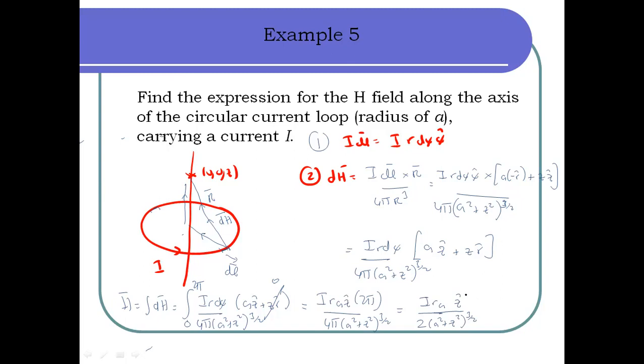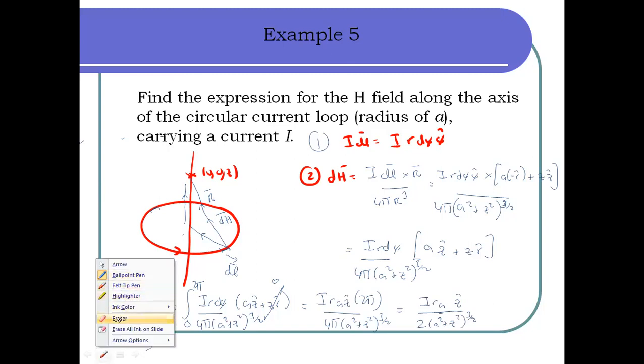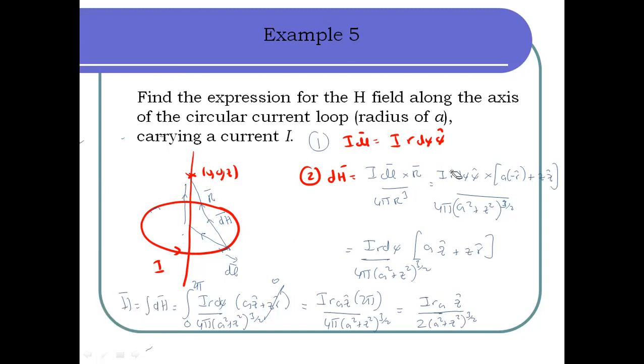Did I make any mistakes here? Sorry, I made a mistake. This is not R, this is supposedly A. That should be A. This is also A, this is also A, and that should also be A. So it means that we are having A squared.